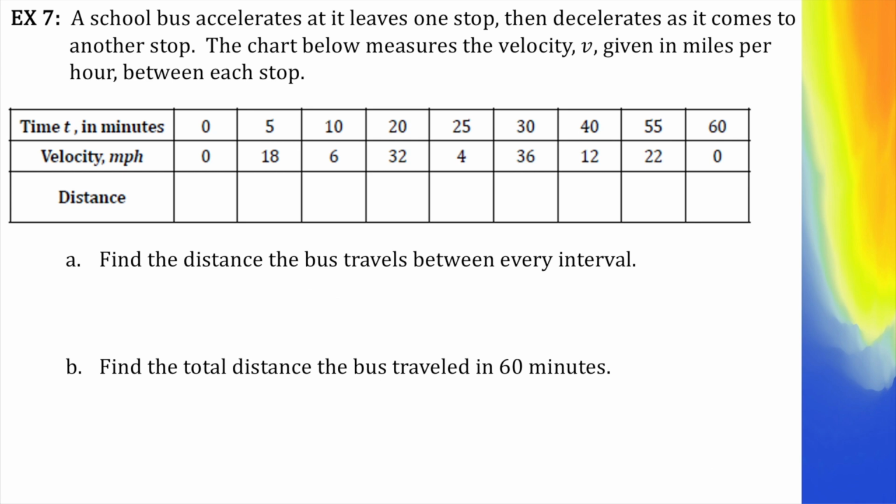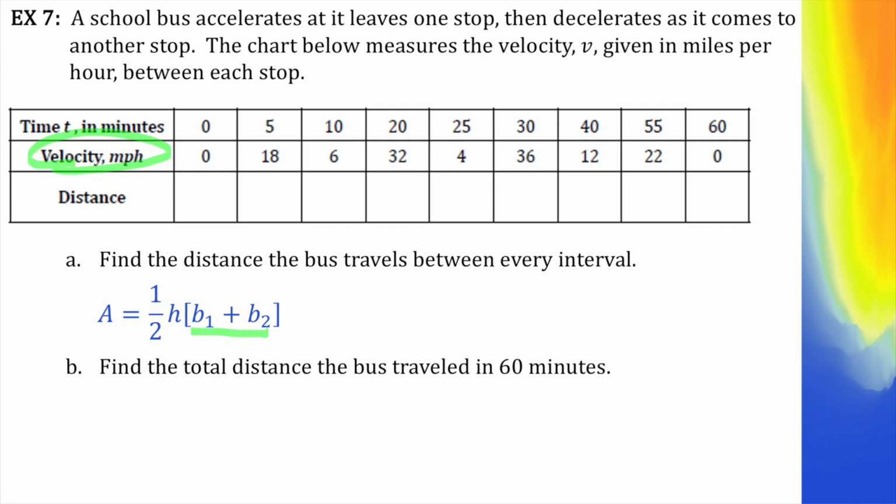Do you remember how we can estimate area using a table of velocities? We're going to use the trapezoidal sum on this one. So the area of a trapezoid is 1/2 the height times the two bases added together, or the average of the bases times the height.